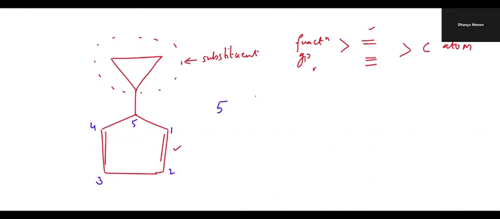At the 5th position, it is a cyclo compound, cyclopropyl, because here from this carbon, one hydrogen has been removed and then this connection is brought about.